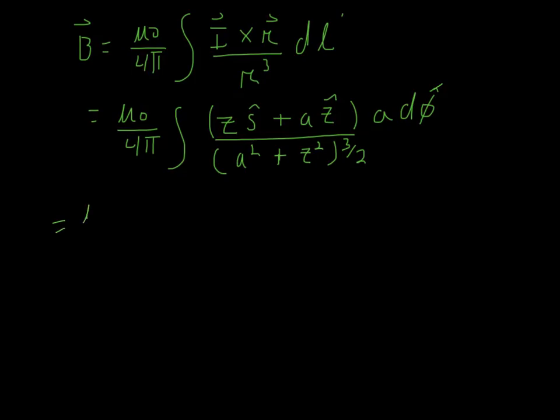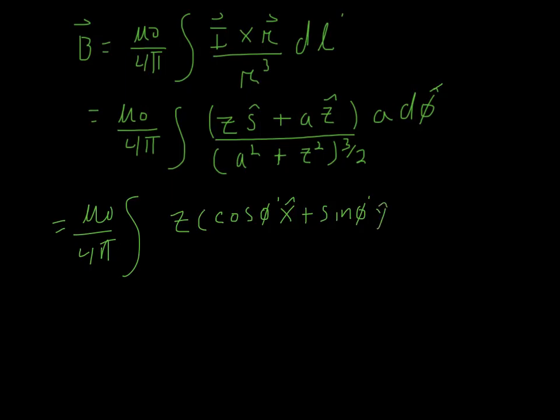That's going to be equal to mu naught over 4 pi. And then it's going to be z, and that s hat component is going to be cos phi prime x hat plus sine phi prime y hat.